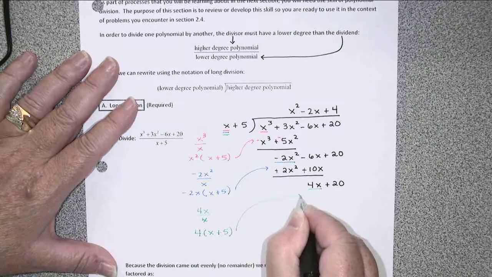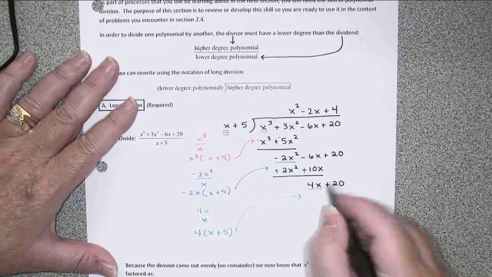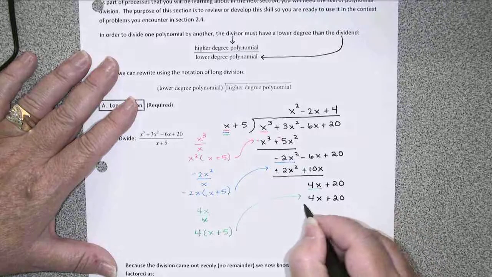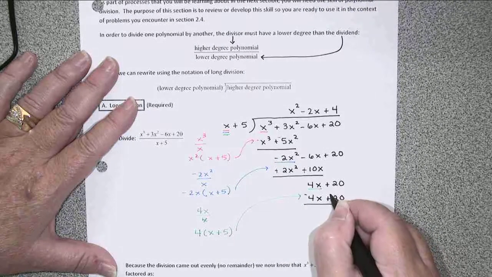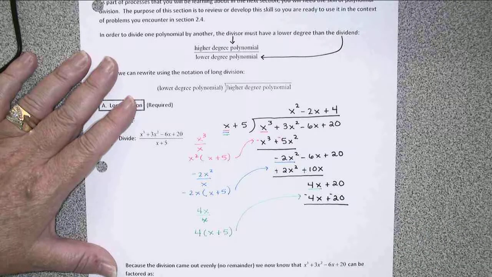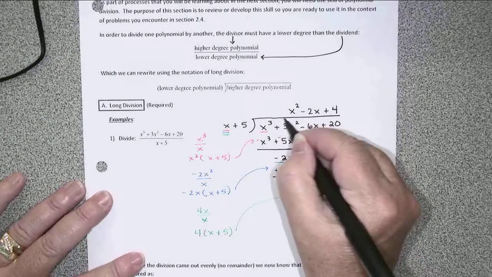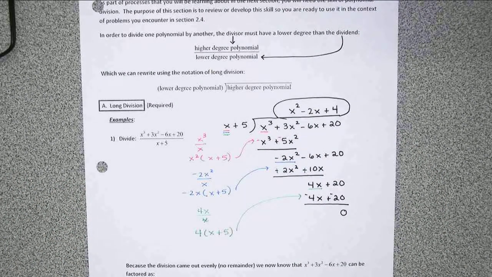Put that right there. That gives me 4x plus 20. And this time when I subtract, that becomes negative, there's nothing left over. So my quotient is x squared minus 2x plus 4.